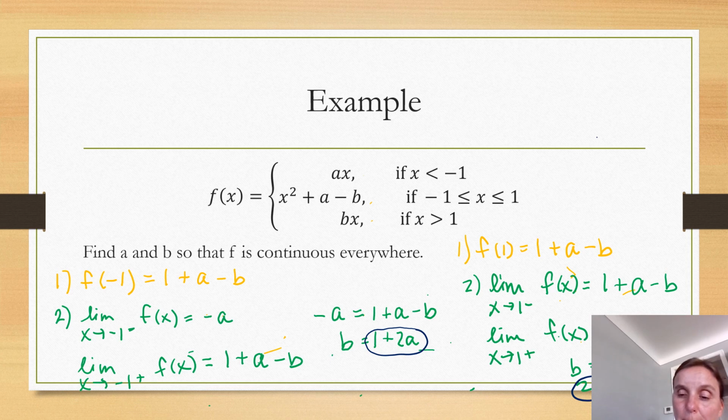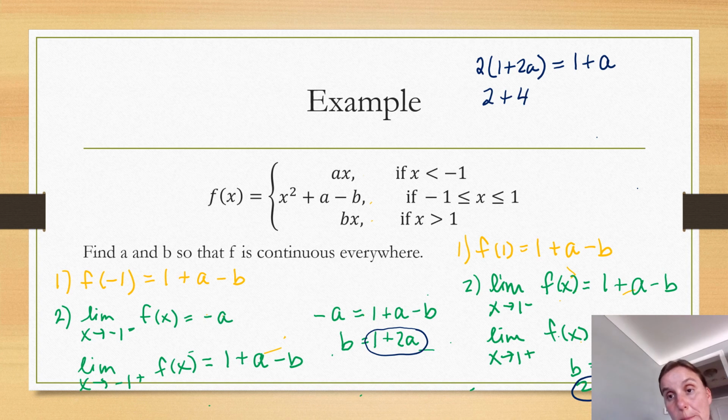I'm going up here. So 2b would be 2 times 1 plus 2a has to equal 1 plus a. So 2 plus 4a equals 1 plus a. So 3a is equal to negative 1. So a is equal to negative 1/3.